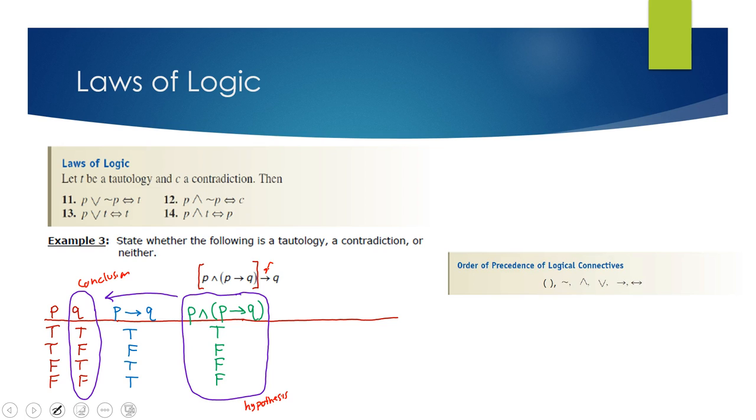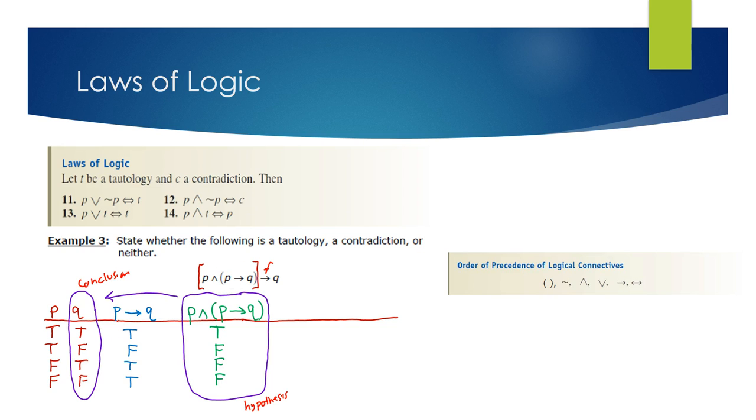What I see here is I have the hypothesis being true in only one instance. The Q value is also true at that point in time, so it's true for that. Everywhere else, the hypothesis is false, and as we said, for a conditional statement, if the hypothesis is false, then the conditional is true.